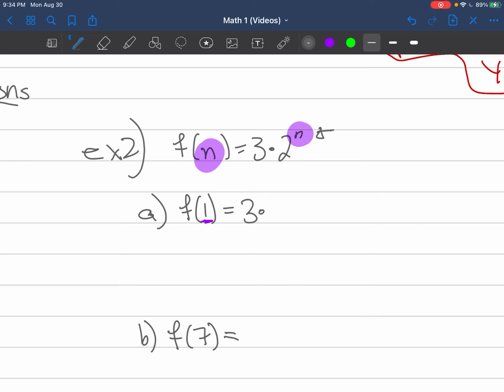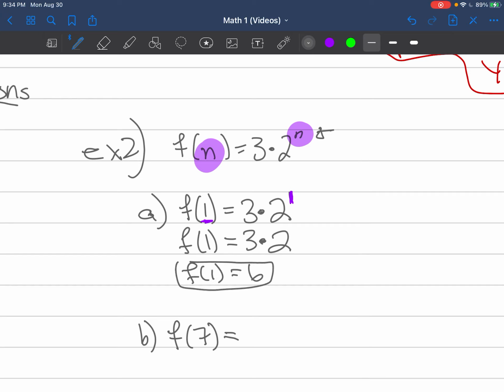So now I'll have 3 times 2 to the 1. I'll write that in purple. 3 times 2 to the 1. So exponents first. 2 to the first power is just 2. So we have 3 times 2. f of 1 equals 3 times 2, and then f of 1 equals 6. And that's my final answer.